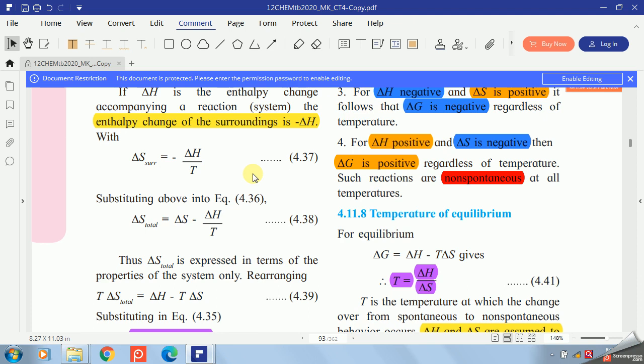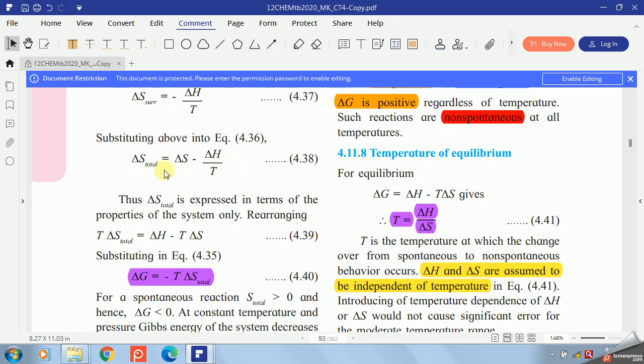Delta S total is equal to delta S system plus delta S surrounding, so delta S total is equal to delta S plus minus delta H divided by T. Now if we multiply the whole equation by T in this equation 4.38, then T delta S total is equal to T delta S minus delta H, and you have to multiply with a negative sign also.